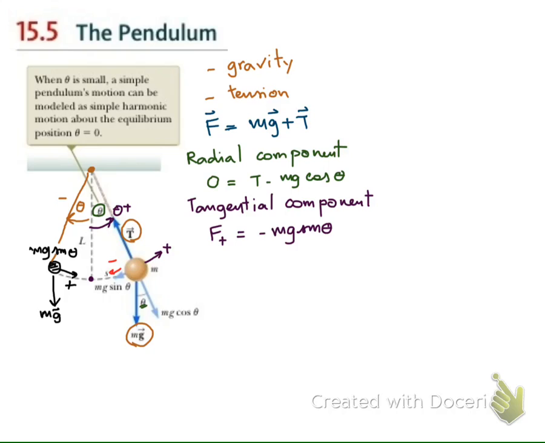But Ft can be expressed as m a_t, equal to minus mg sin theta, and m a_t is equal to m L alpha, equal to minus mg sin theta.